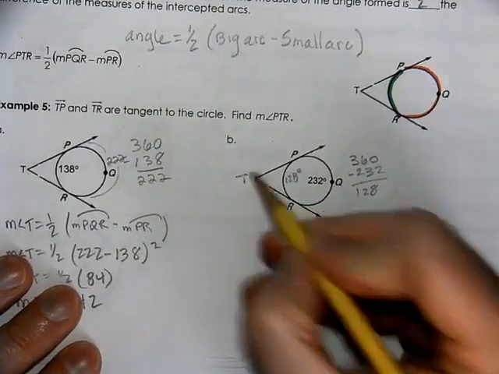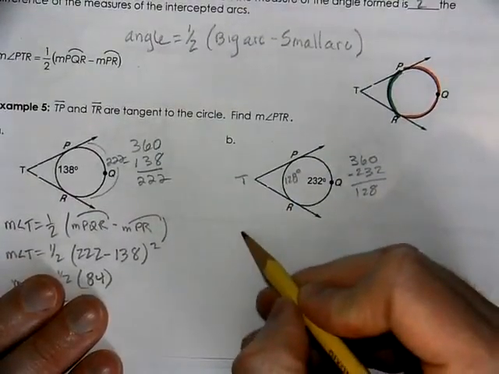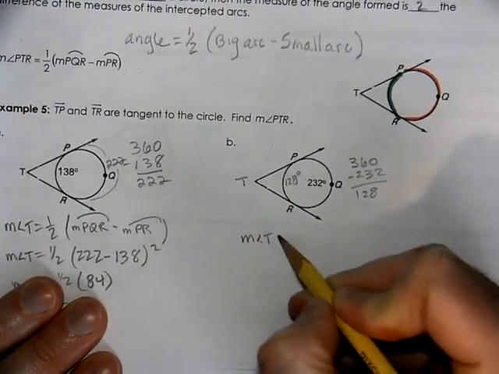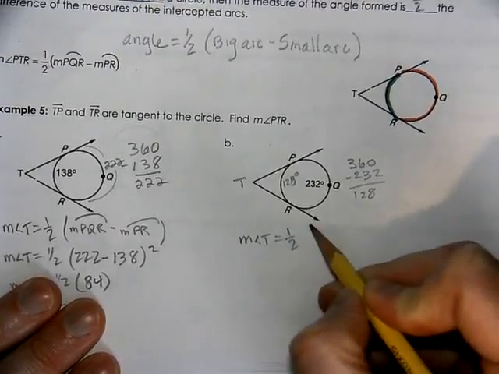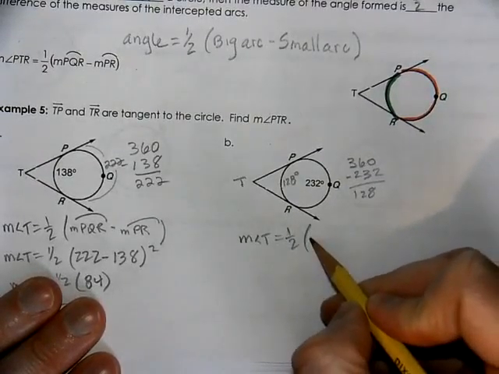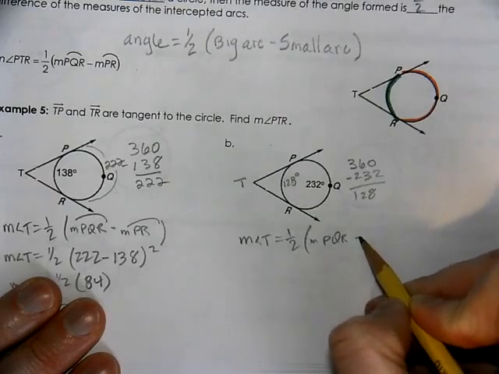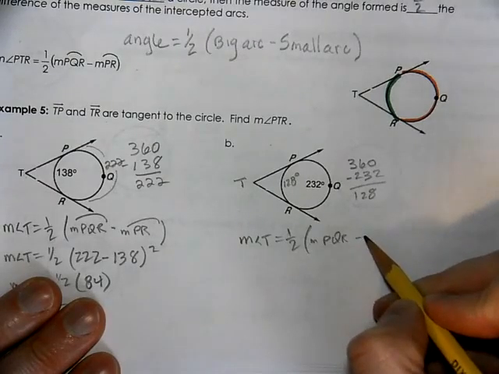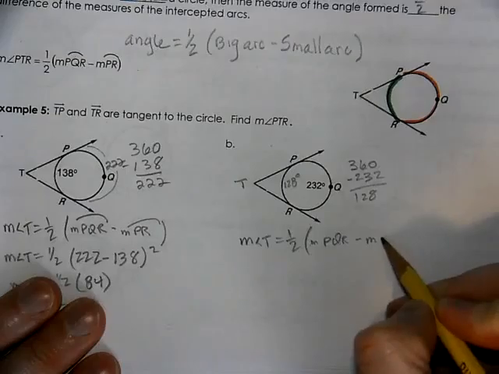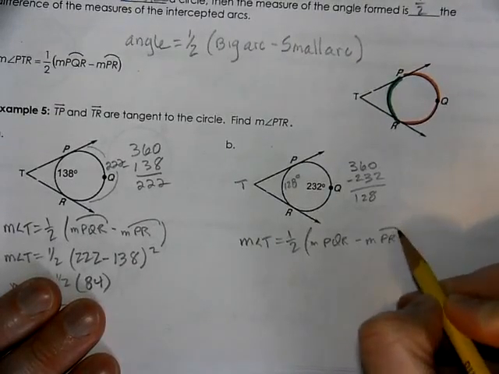So we'll call this angle T. So the measure of angle T equals half the big arc, which is the measure of PQR, minus the small arc, the measure of PR.